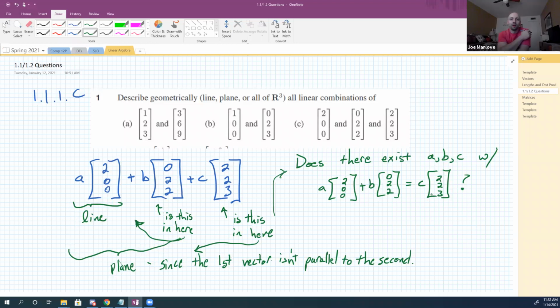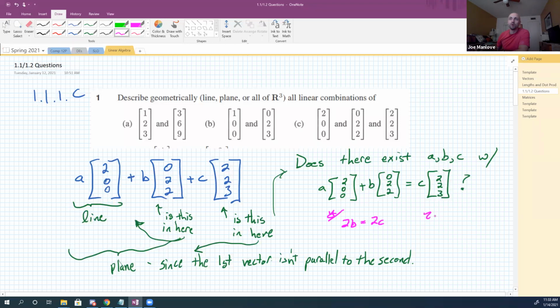The y component is going to be 2 times b, no matter what you do. Right, so considering the y component, that's going to be 2b, and that's going to have to equal 2c, right? That means b and c have to be the same thing.